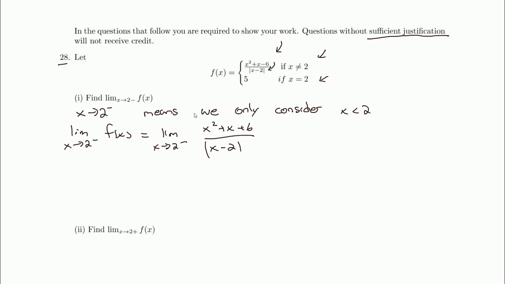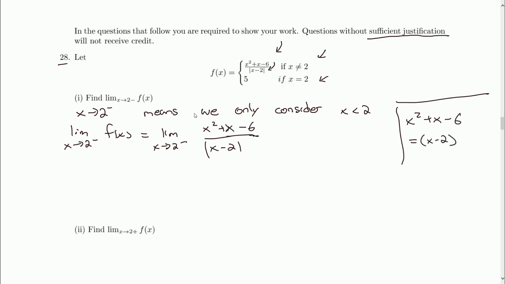Well, let's see here. Okay, so x squared plus x, I might even just do this as a side calculation. X squared plus x minus 6, it's minus 6. Had a little mistake there. This 2 is a factor here.